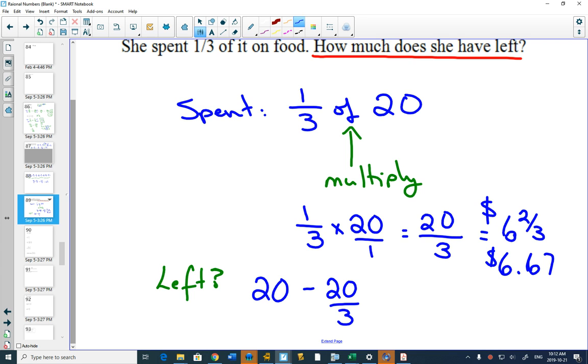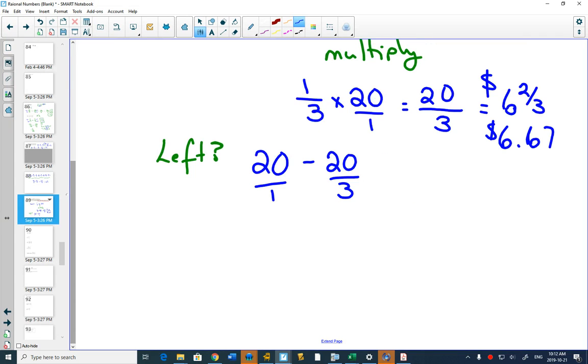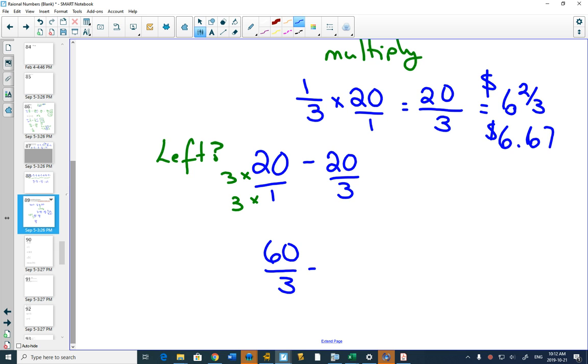How do you subtract fractions? You need it over 1. What's the rule for subtracting fractions? We need a common denominator. Are they in common yet? No, but I can multiply the 1 easily by 3. Gives me 60 over 3 minus 20 over 3.